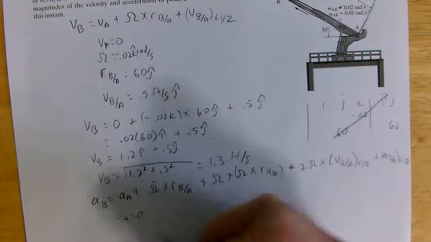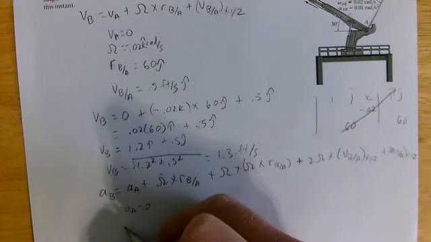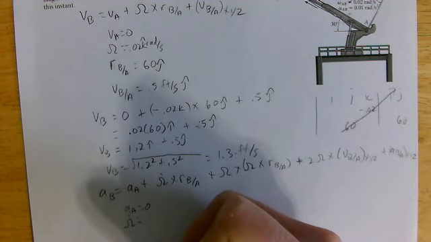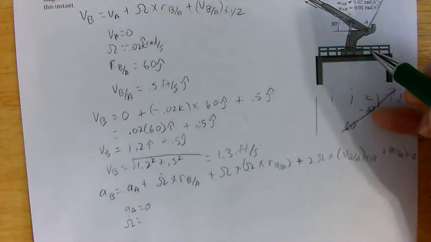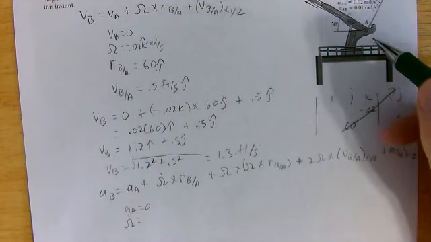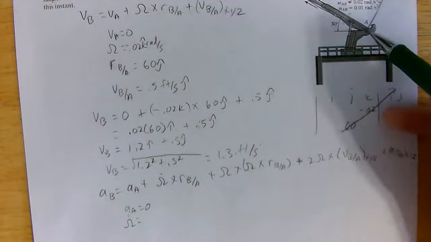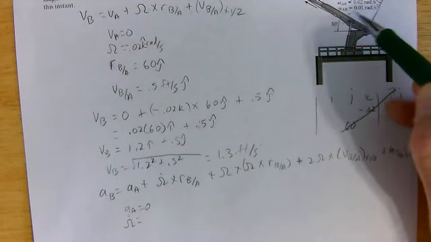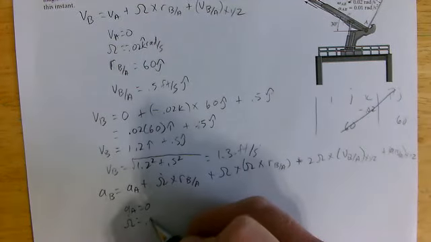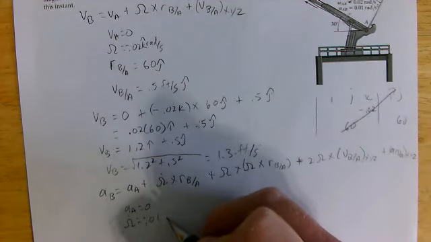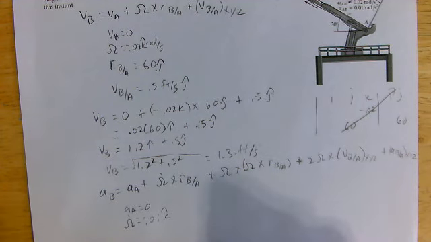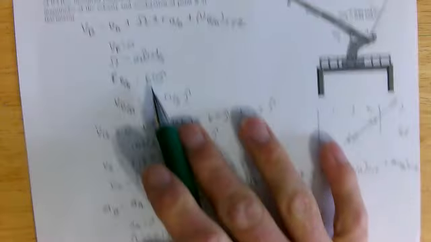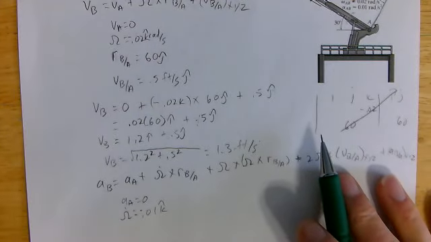So this one is 0. And then omega dot is the angular acceleration of the xyz reference measured from the capital XYZ, someone on the ground. So that is the rotation of this reference here, and that is going to be 0.01 in the negative K direction.